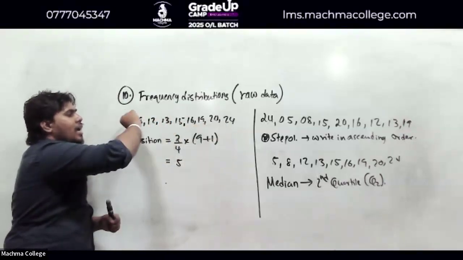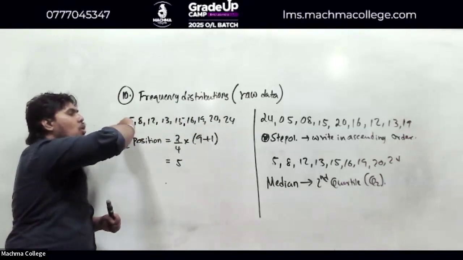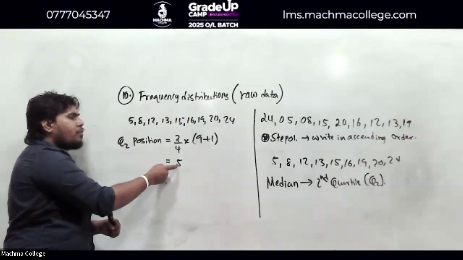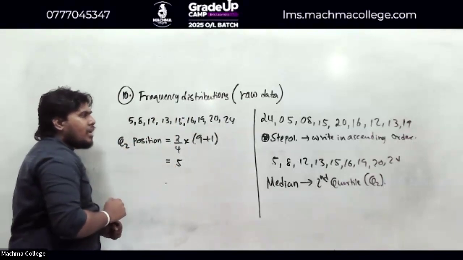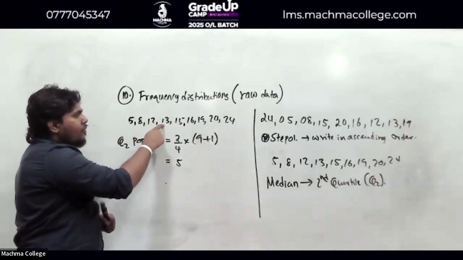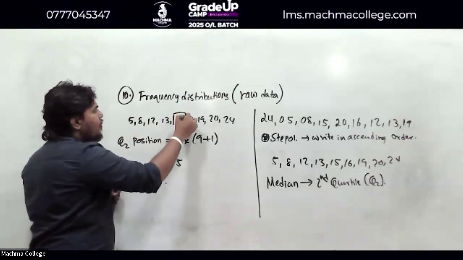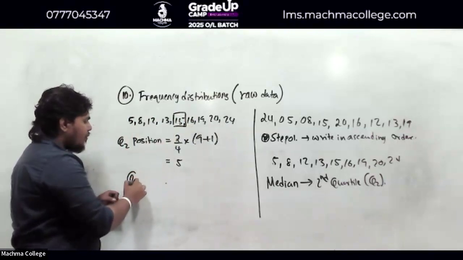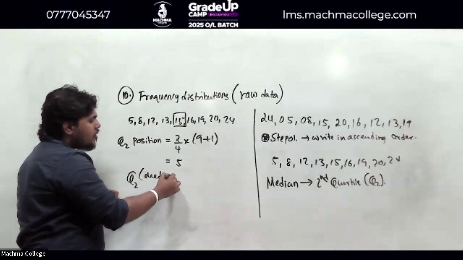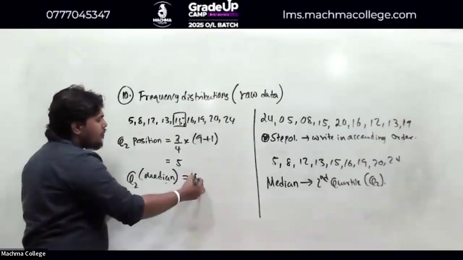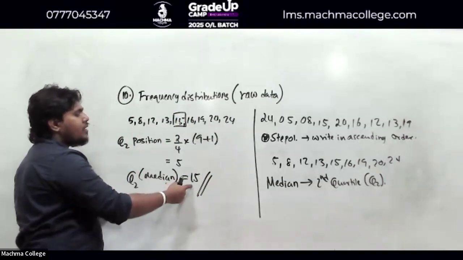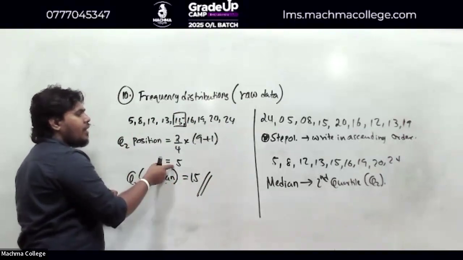All 9 data are prepared in ascending order. In the fifth position, we have the median. First position, second position, third position, fourth position, here is the fifth position. And in the fifth position, we have the second quartile, which is the median. Median is equal to 15. So Q2 is equal to 15. Q2 position is equal to 5.